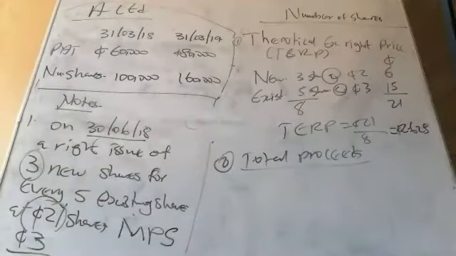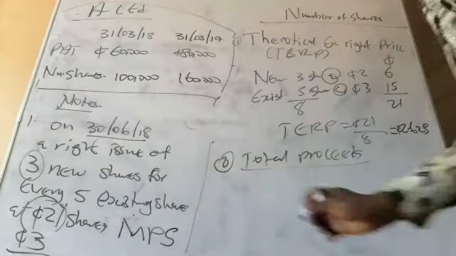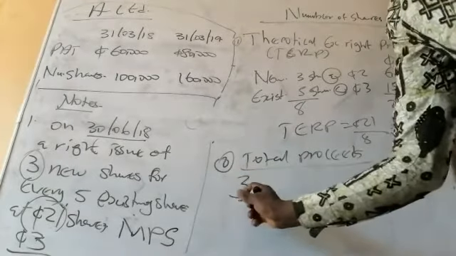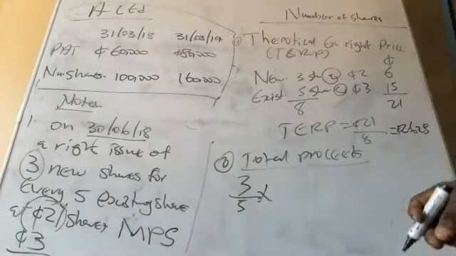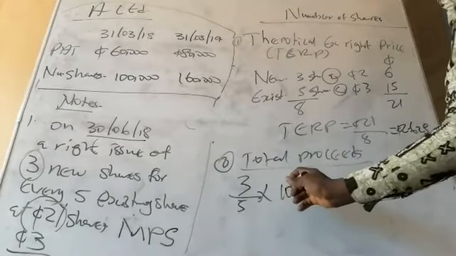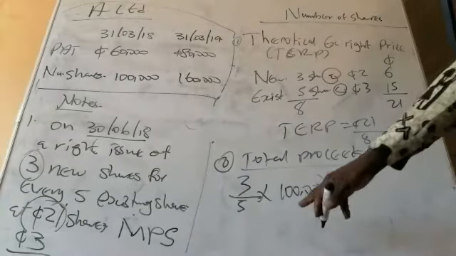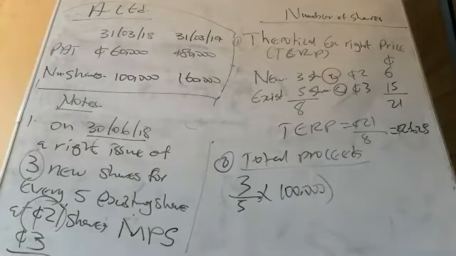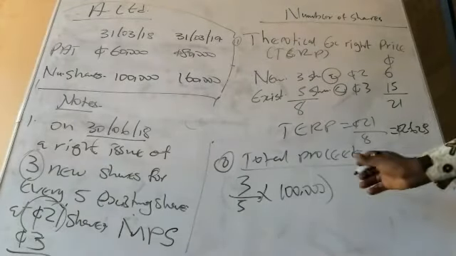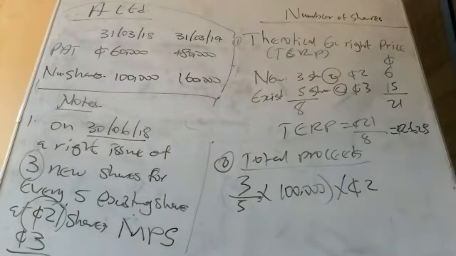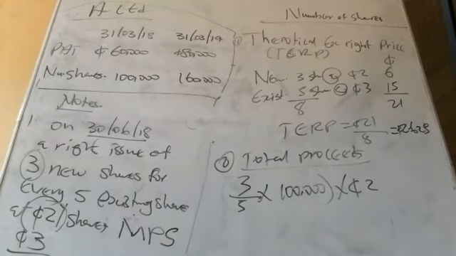How do you get the number of shares? For every 5 shares, they are giving 3 new. So 3 over 5 times the number of shares they have in issue. They have 100,000 shares in issue. So this alone will give us the number of shares, which was 60,000 shares. Out of these 60,000 shares, they sold it for 2 Ghana cedis. So that will give us 120,000 Ghana cedis.